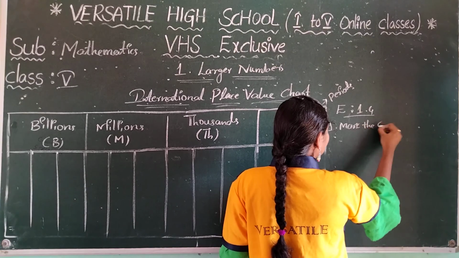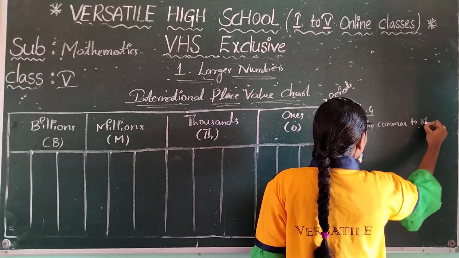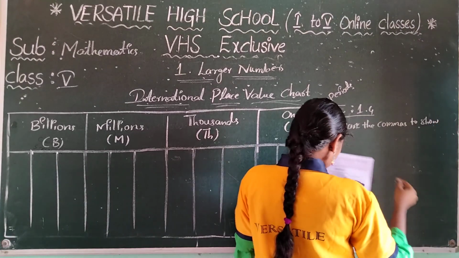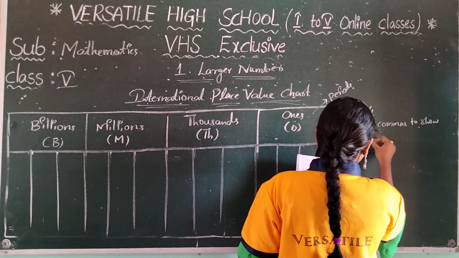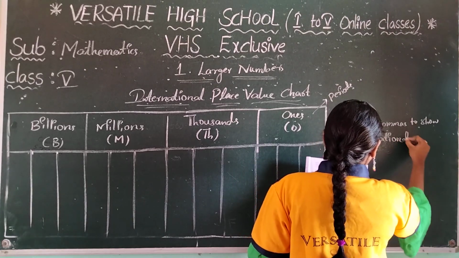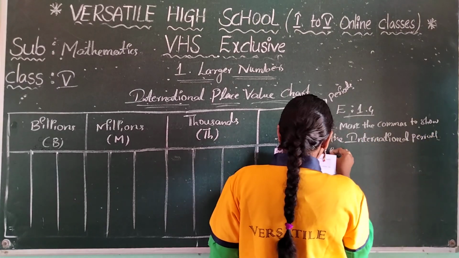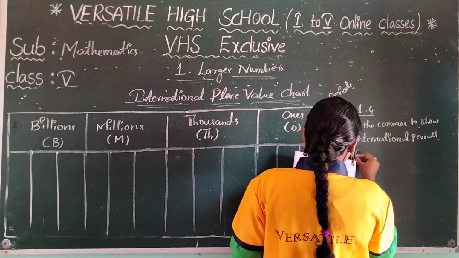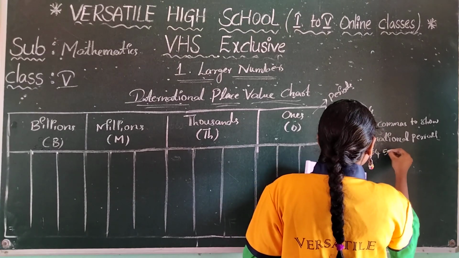Mark the commas to show the international periods. So first one, what is the first number? 96654502.